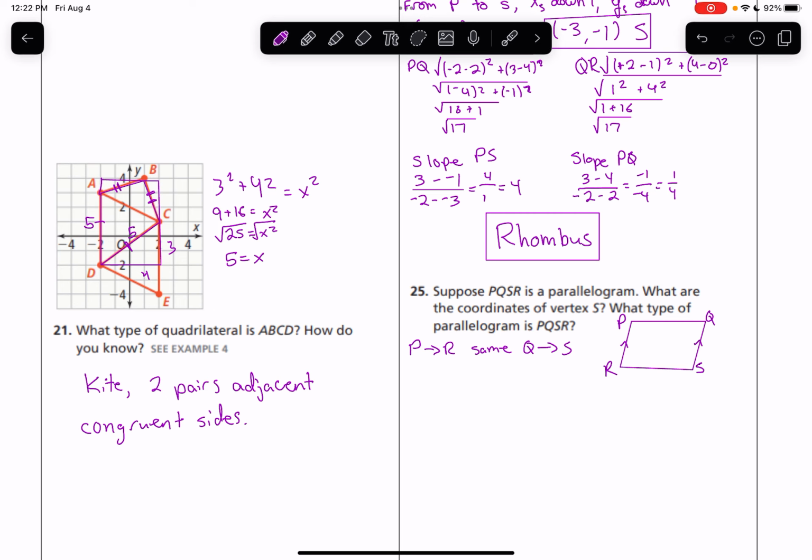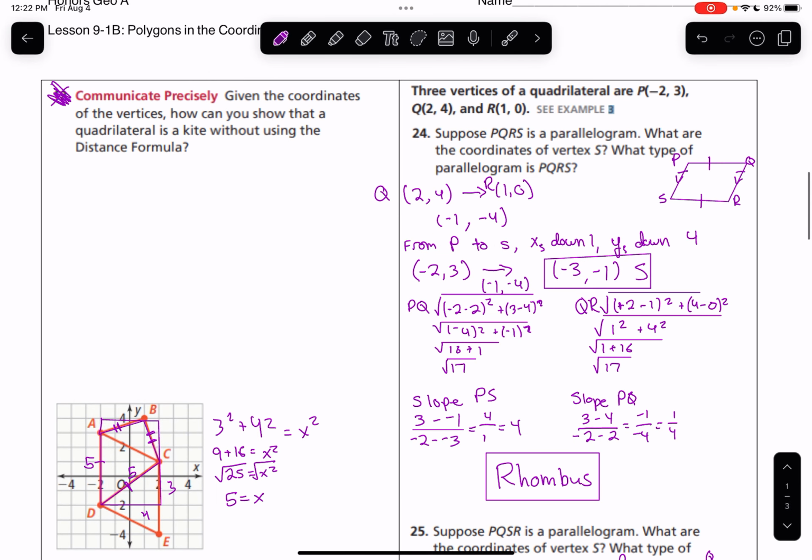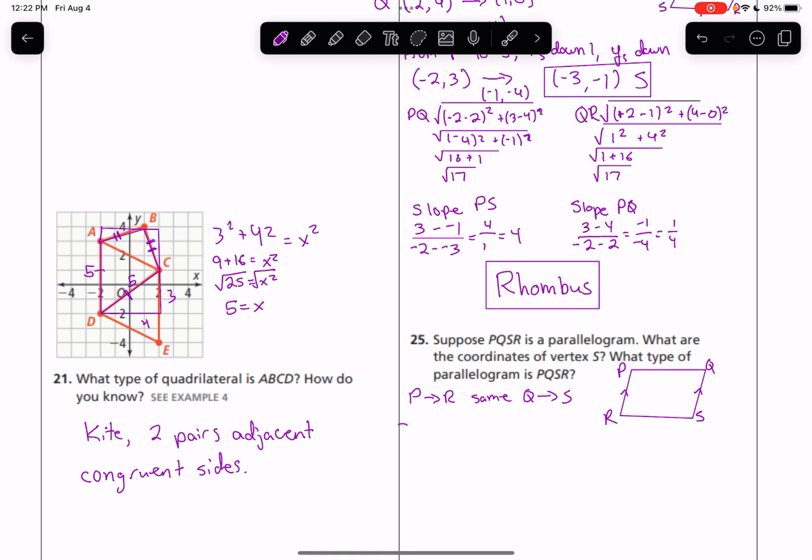So I've got to find the change from P to R, right? So P is at negative 2, 3, and R is at 1, 0. That gives me an X change. From negative 2 to 1 is a plus 3 X change. From 3 to 0 is a minus 3 Y change.